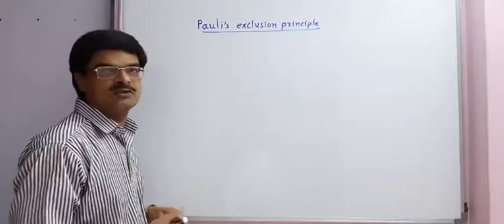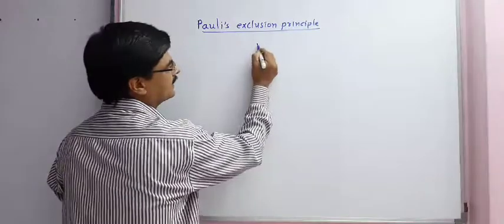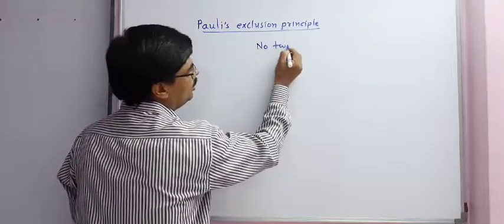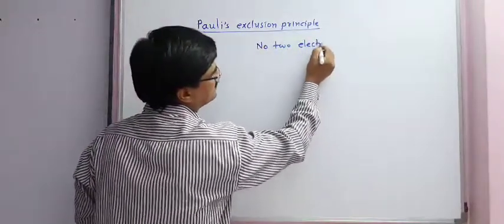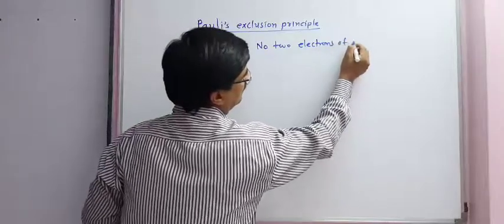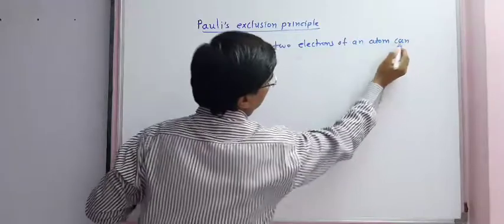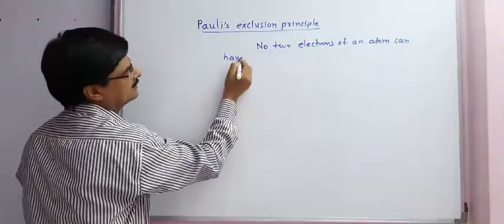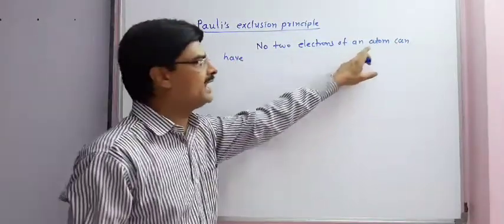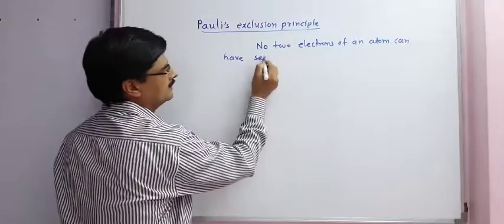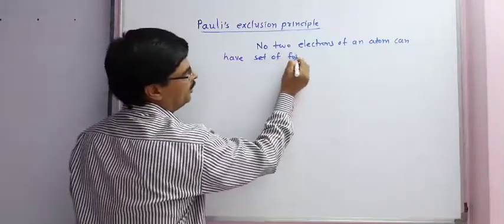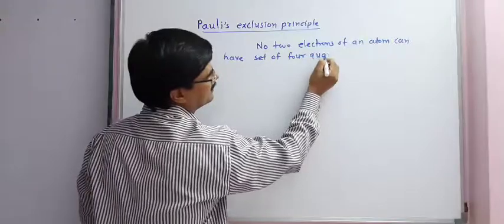According to Pauli's exclusion principle, we can say no two electrons of an atom can have the same set of 4 quantum numbers.